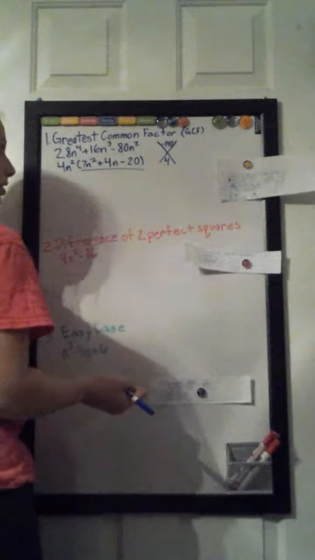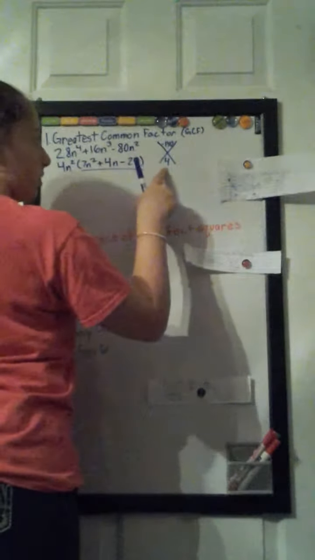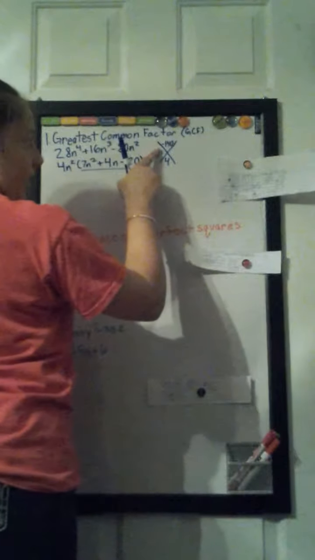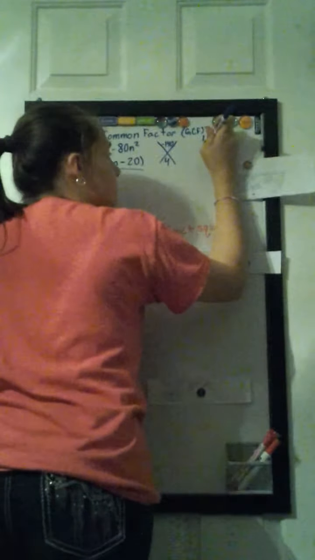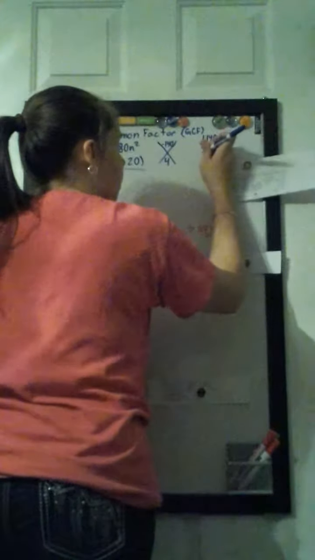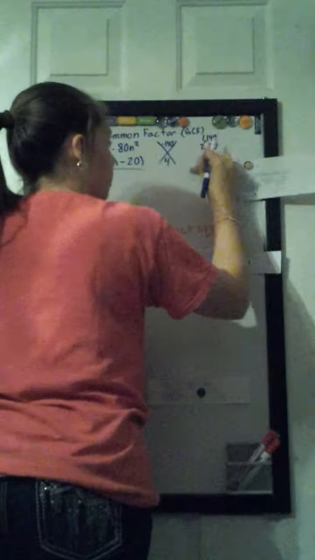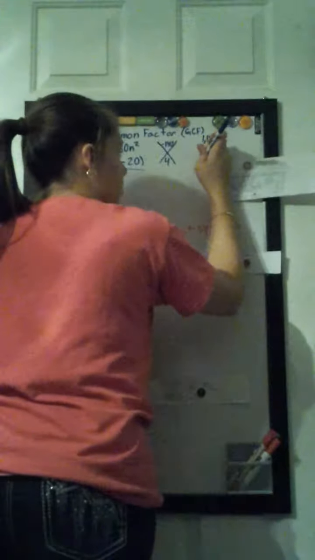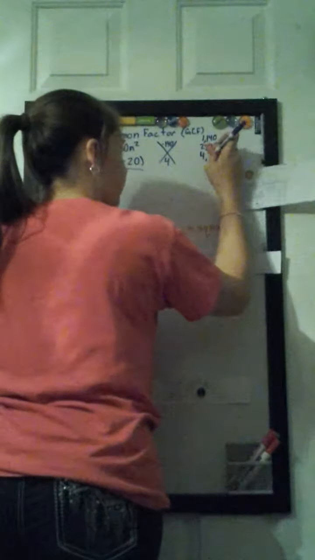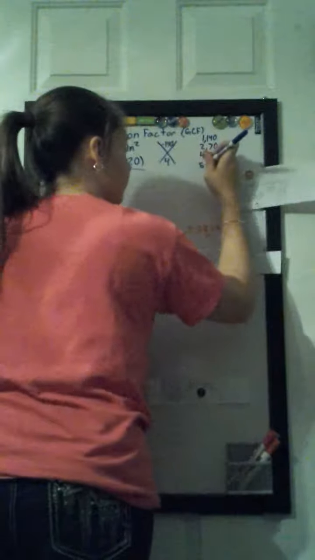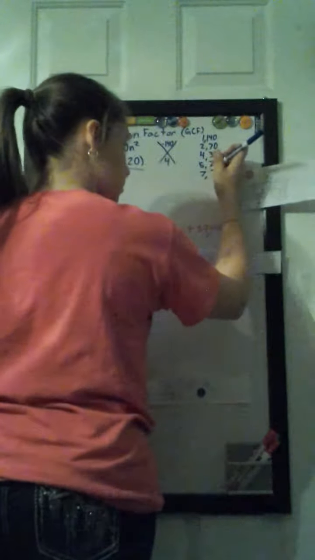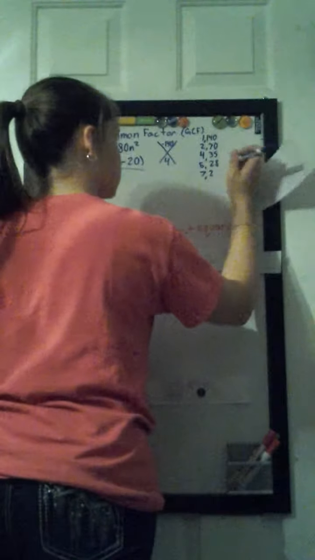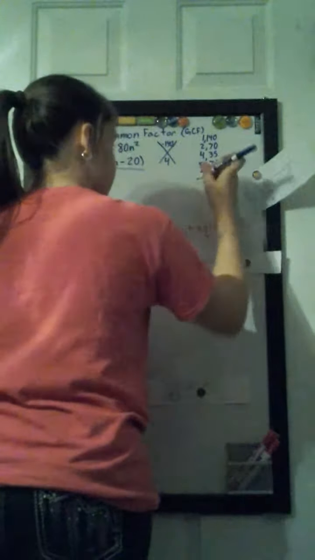All the factors that go into negative 140 are 1 and 140, 2 and 70, 4 and 35, 5 and 28, 7 and 20, and 10 and 14.